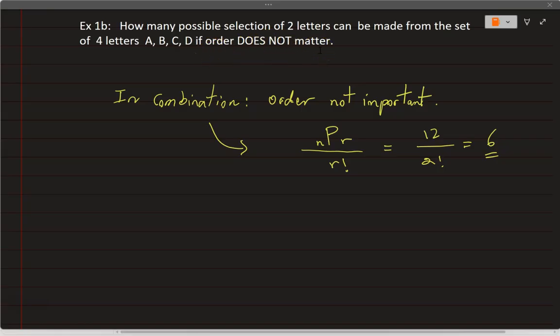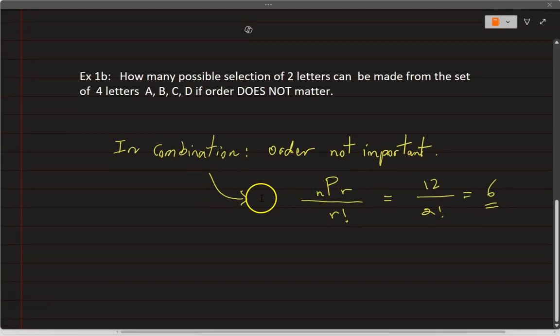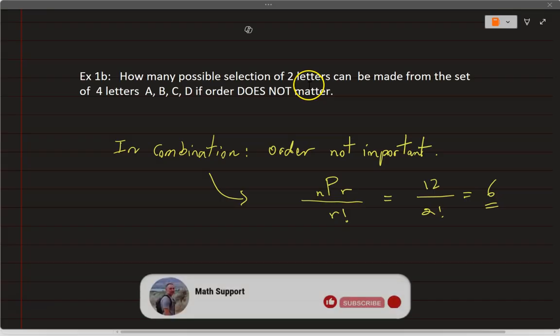And if it doesn't matter, we have to not double count the arrangements in which order matters. In this case, we had 2 letters that order matters in, so we have to undo that. We have to discount that. And to do that, we divide the total number of permutations by the number of repeated selections in which order matters, which in this case is 2 factorial.